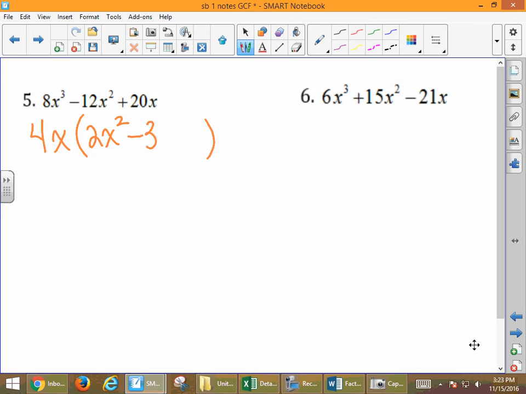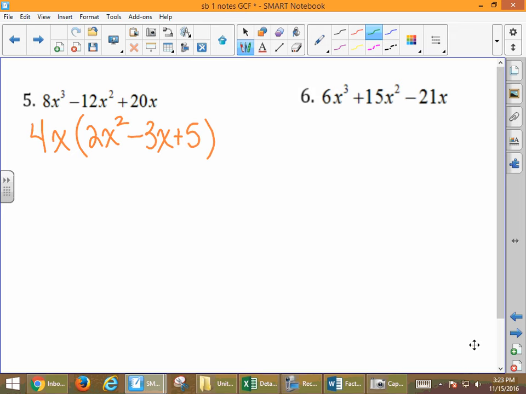We had 2 x's. We took out 1 x, which means that 1 x remains. And in our last term, 20 divided by 4 is 5. We had 1 x originally. We took it out. It's out in front of the parentheses now, so we don't write any more x's back into our problem. Greatest common factor.